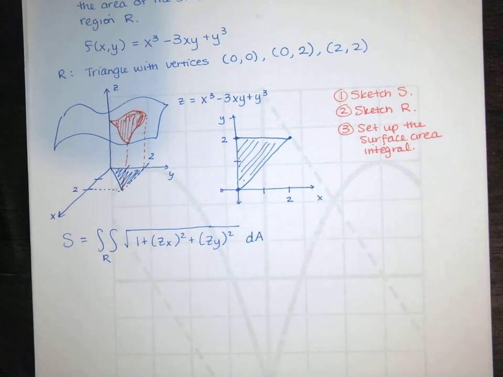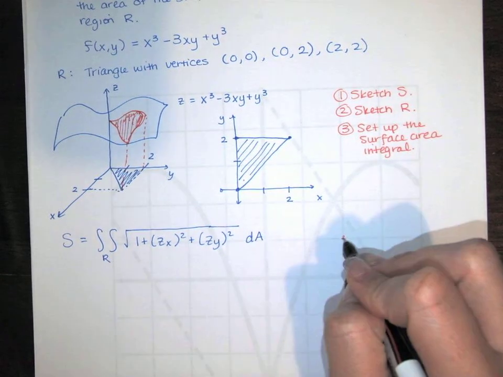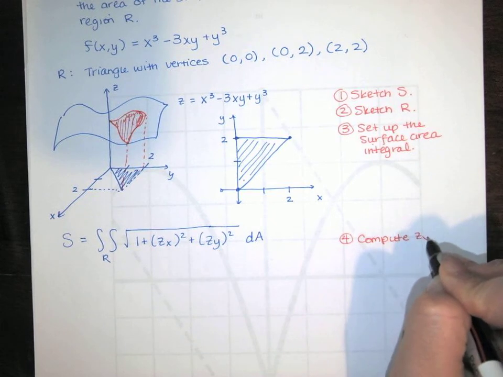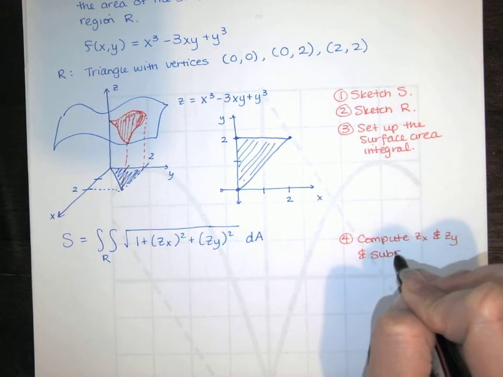So I'll do the easy part first. Let's compute the partials. And then we'll substitute into the surface area formula.